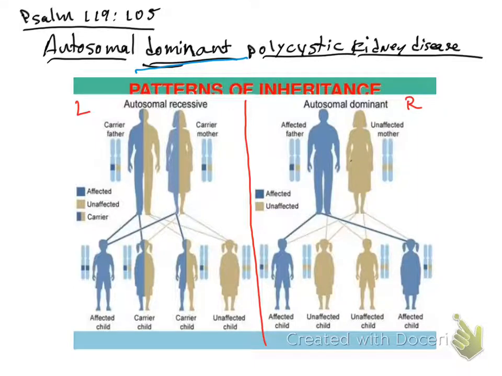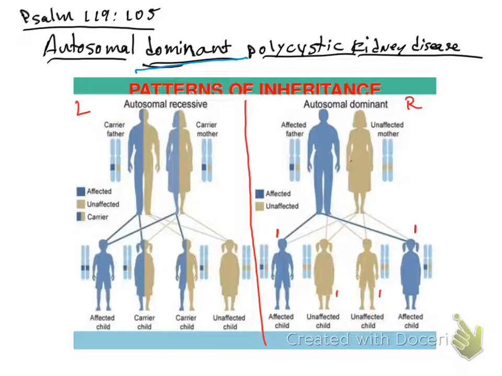This child is affected and this other child is affected, but basically it's 50/50, because the unaffected child is just here in this pattern.